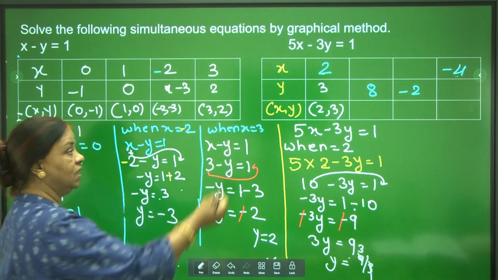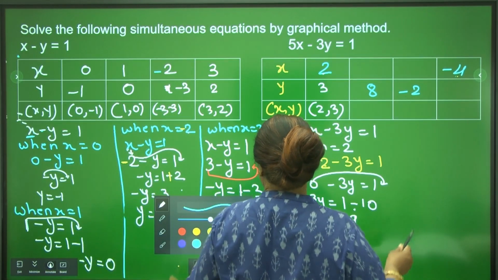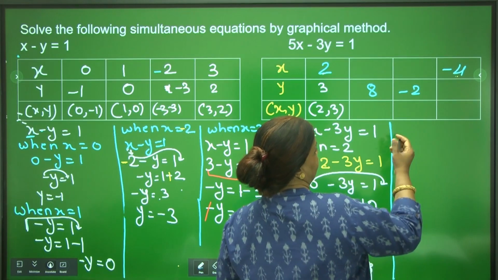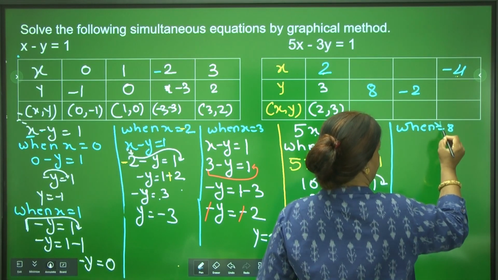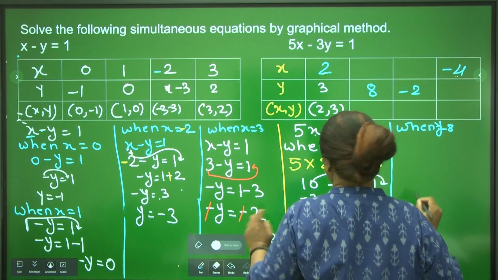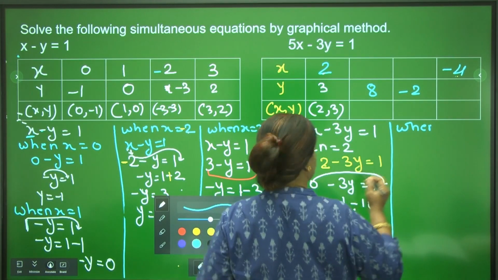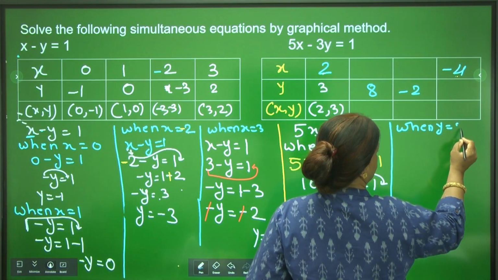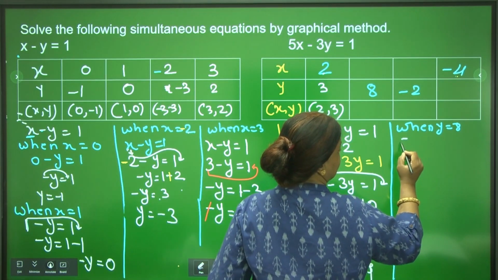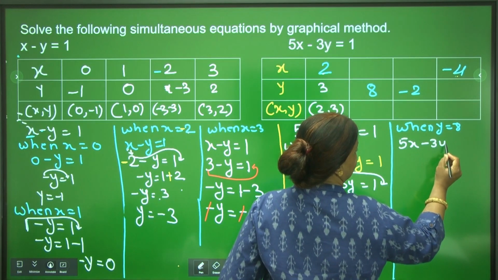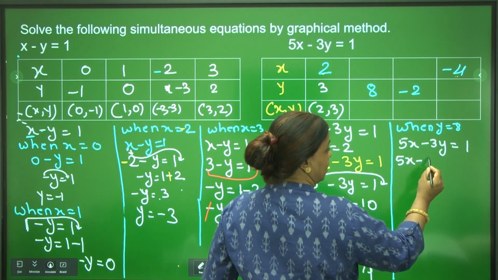Now in second it is given y is equal to 8. So when y is given 8, let us write when y is equal to 8. Write the equation. The equation is 5x minus 3y is equal to 1. So 5x minus 3 into y.